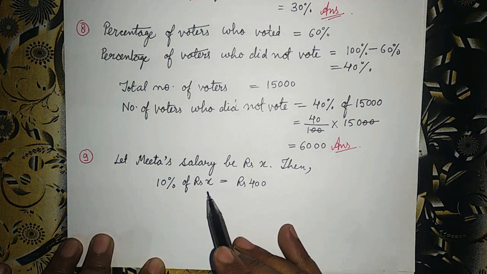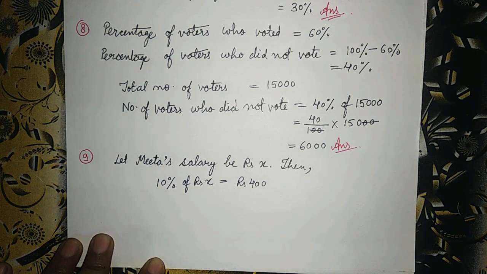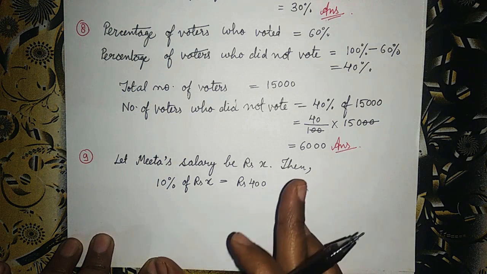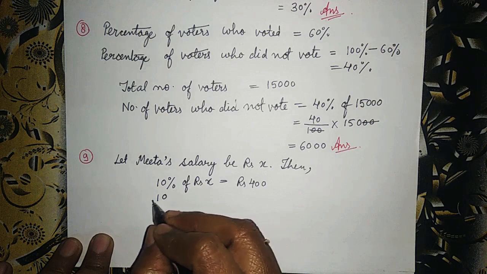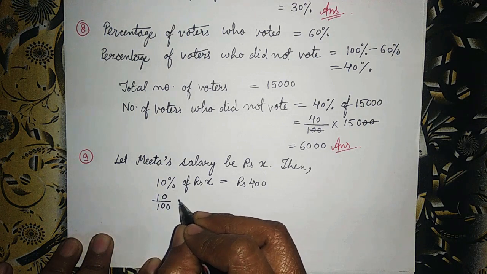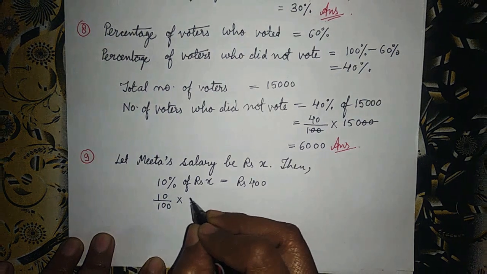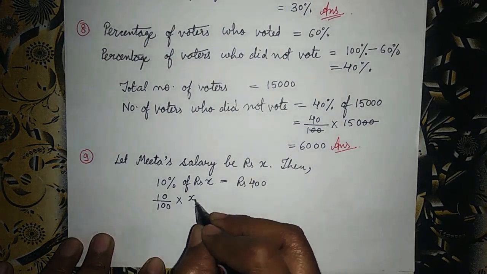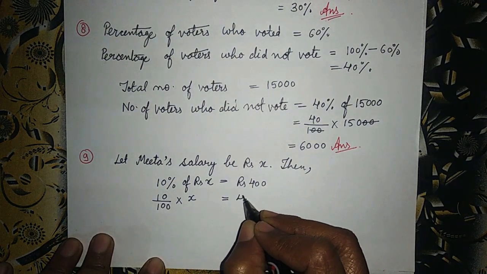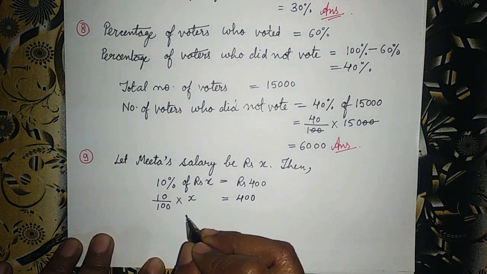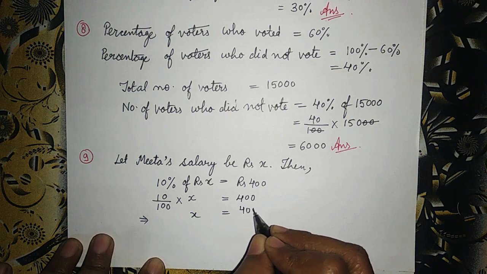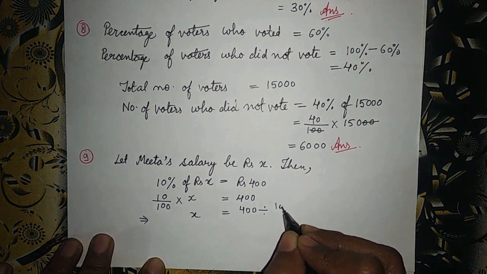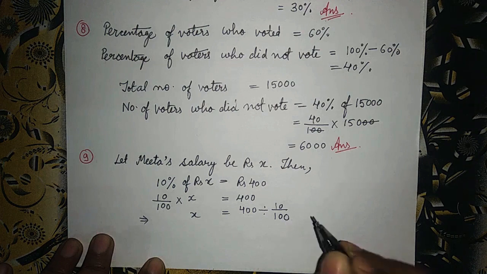You have solved question number 5. Okay, like this only you have to solve this. Now for 10% we will write 10 upon 100. In place of the multiply sign, and here X, and here 400. Now in the next step, X is equal to 400 divided by 10 upon 100.